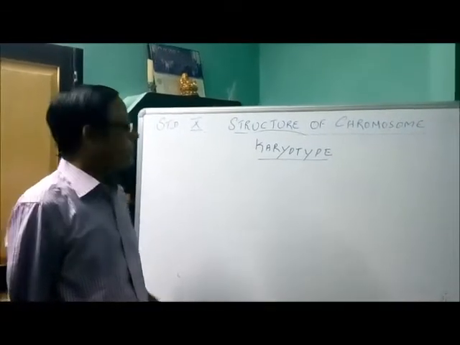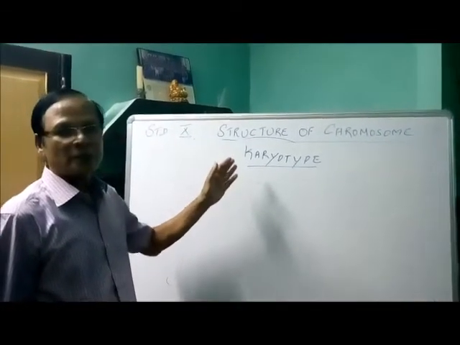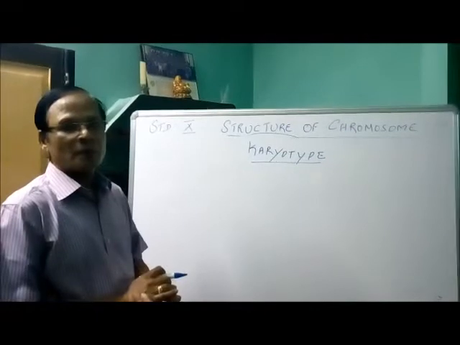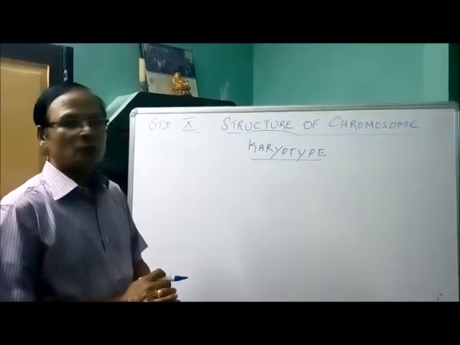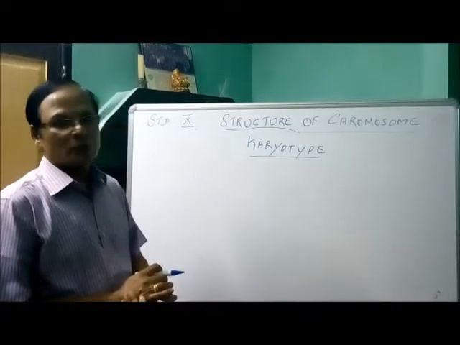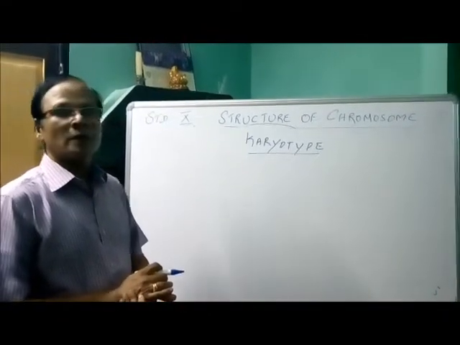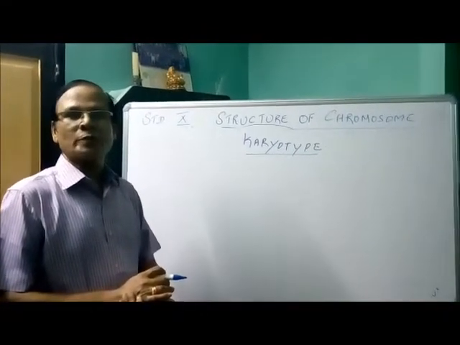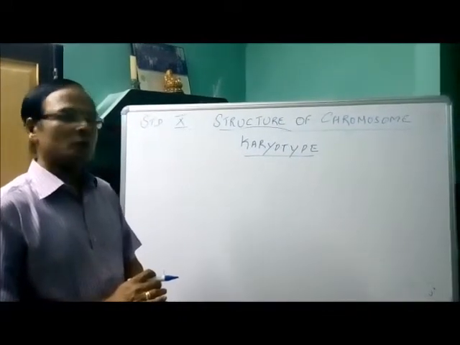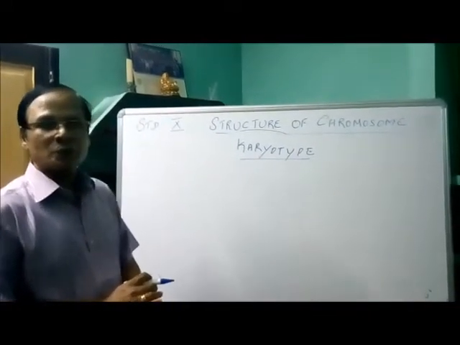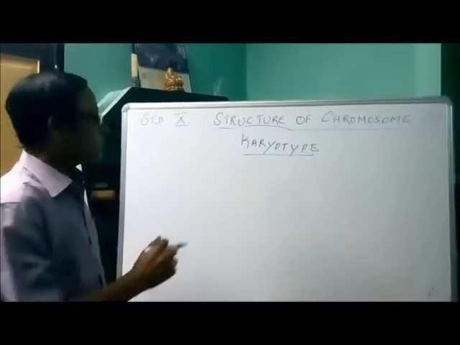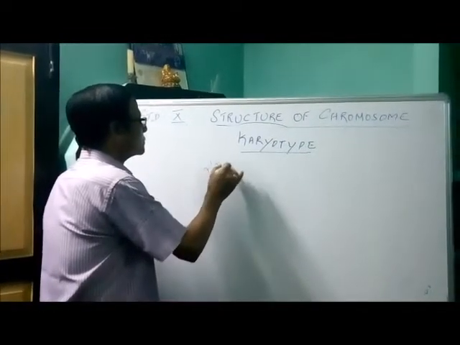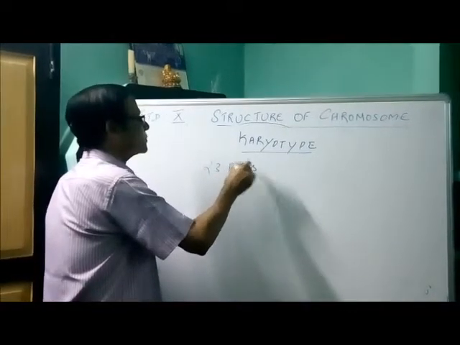Students, I would like to pass on to the next part in that lesson, karyotype. What is karyotype? Before that, we have to know something about the chromosomes. In all the organisms, including human beings, we have chromosomes. The chromosomes are found in pairs. In human beings, there are 23 pairs of chromosomes.